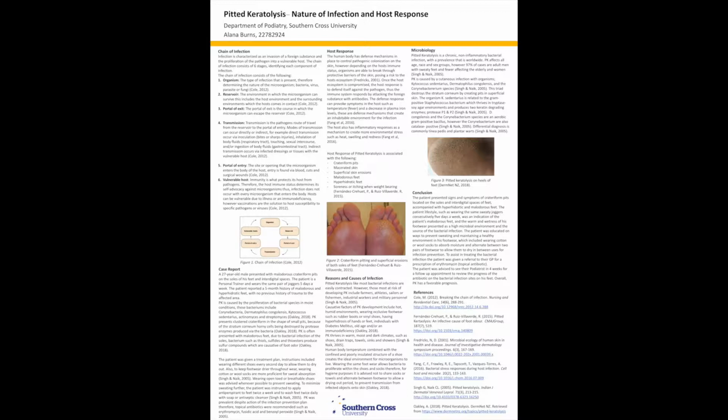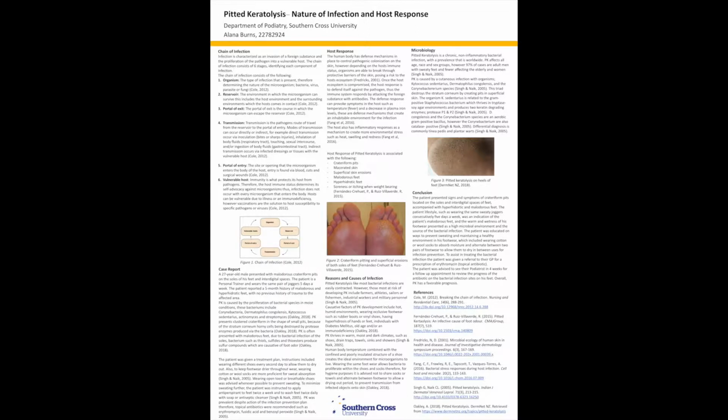In conclusion, the patient presented signs and symptoms of crateriform pits located on the soles and interdigital spaces of feet, accompanied with hyperhidrotic and malodorous feet. The patient's lifestyle, such as wearing the same sweaty joggers consecutively 5 days a week, was an indication of the cause of the patient's malodorous feet, and the warmth and wetness of his footwear presented as a high microbial environment and the source of the bacterial infection.